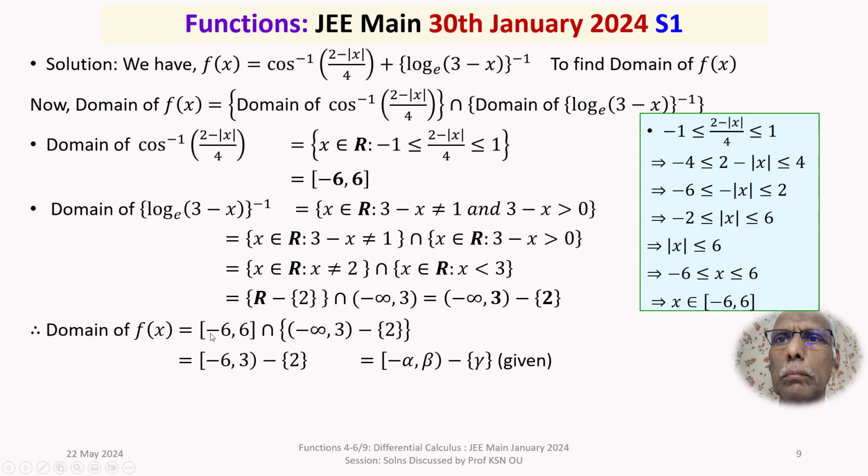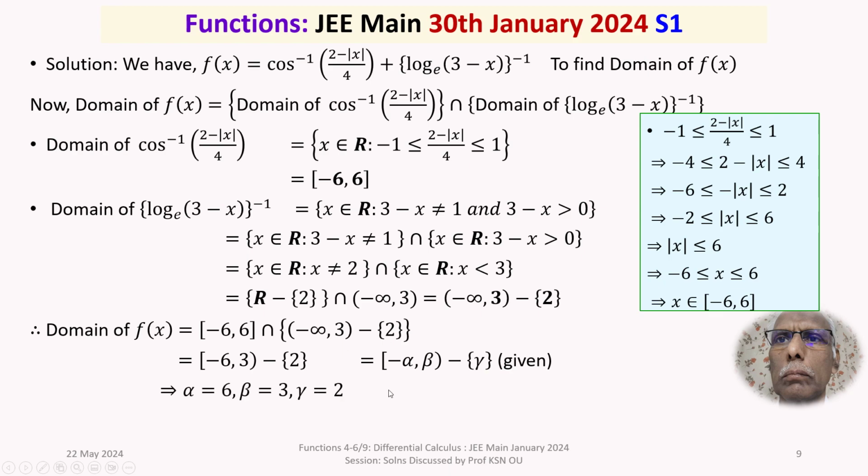And minus 6 to 6 intersection with 2, the common is only 2. Therefore, this is the semi-closed interval minus 6 to 3, minus singleton 2. This is given to be the semi-closed interval minus alpha to beta, minus singleton gamma. So, comparing, alpha will be 6, beta will be 3, gamma is equal to 2.